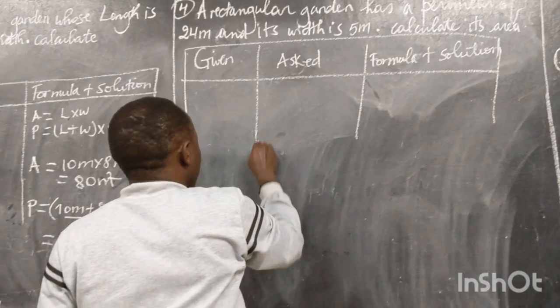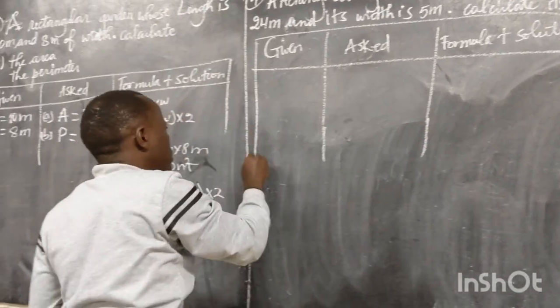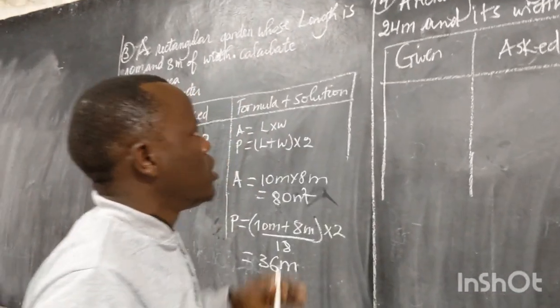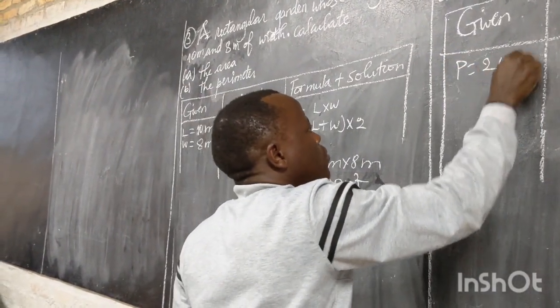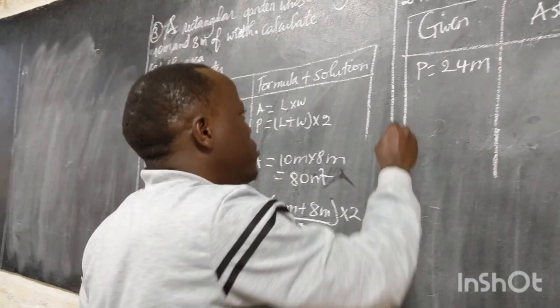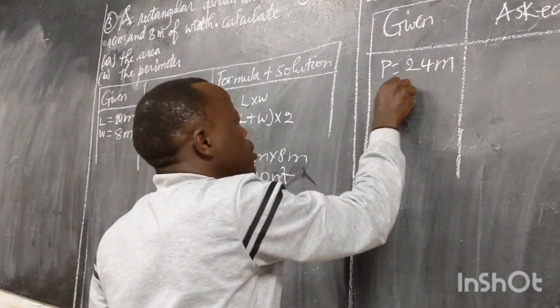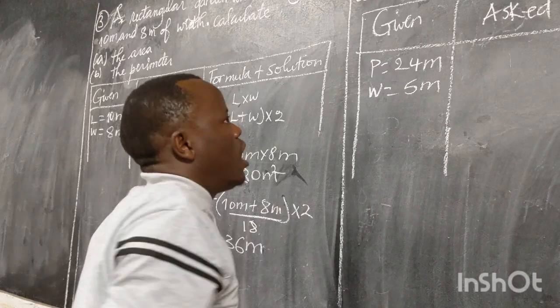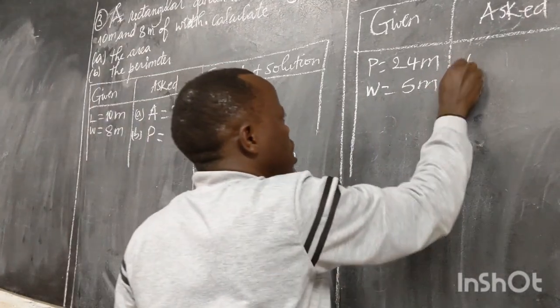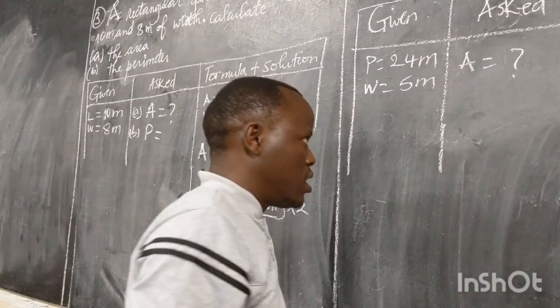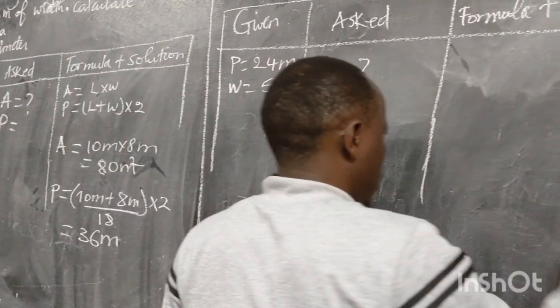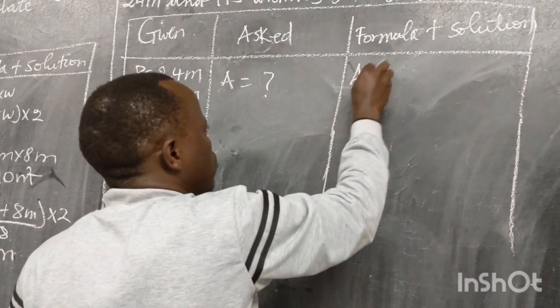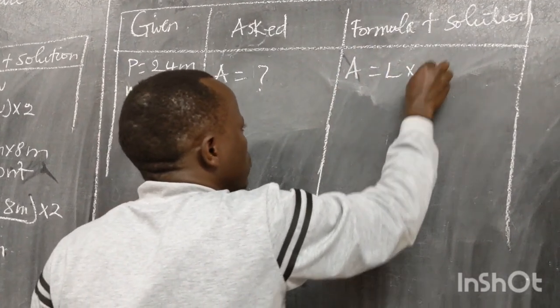And here, what is given in our question? First they give us perimeter, which is equal to 24 meters. And they also give us width, which is equal to 5 meters. And they are asking us to calculate the area of a rectangle. Then by applying the formula, we studied that area is equal to length times width.